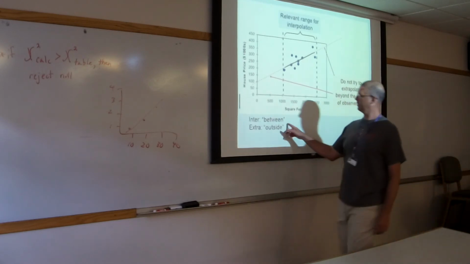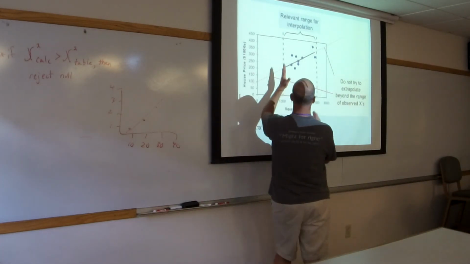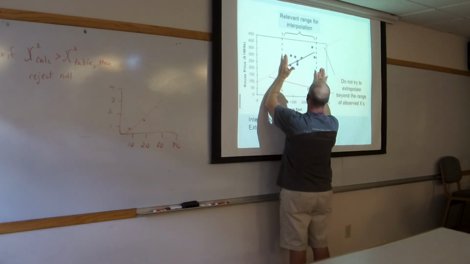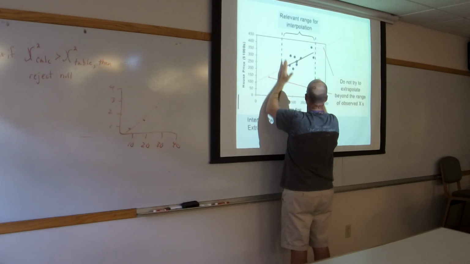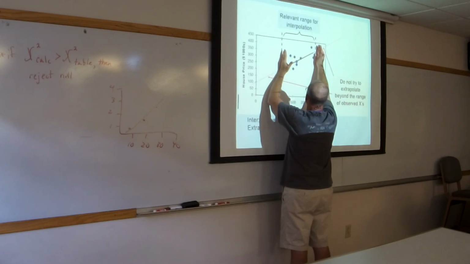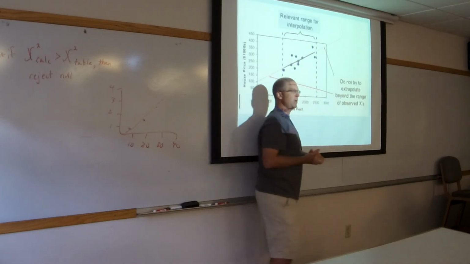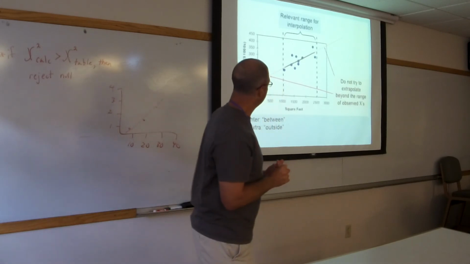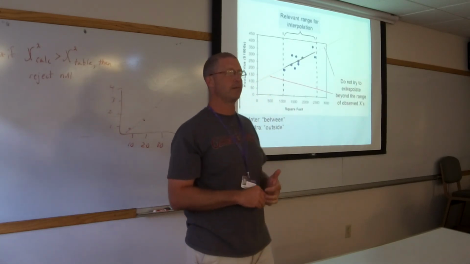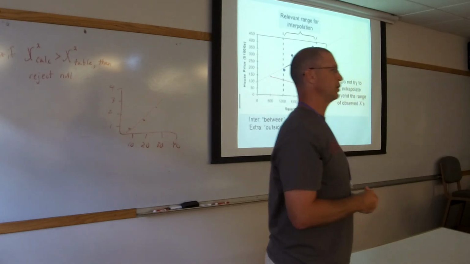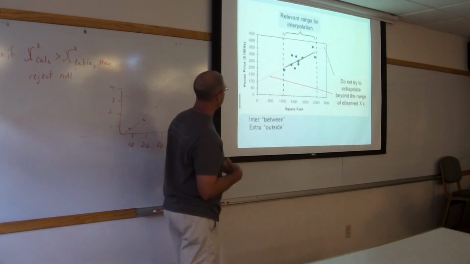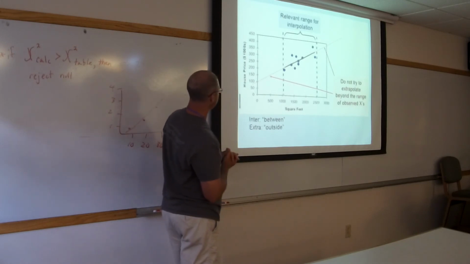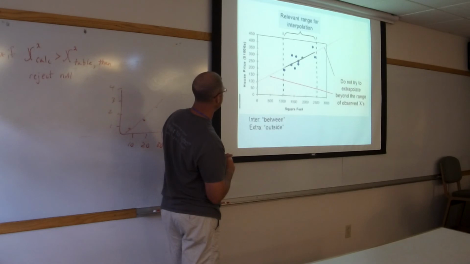In your Latin, inter means between. So if you look at all your data, anything between the furthest left value and the furthest right value on your x-axis is called interpolation. That's between the poles. That is okay. You can more accurately do interpolation. If you go beyond that, you're extrapolating, and extrapolating is less accurate.